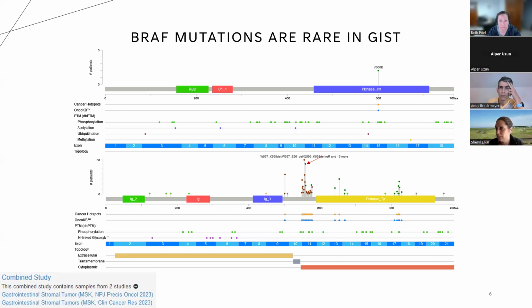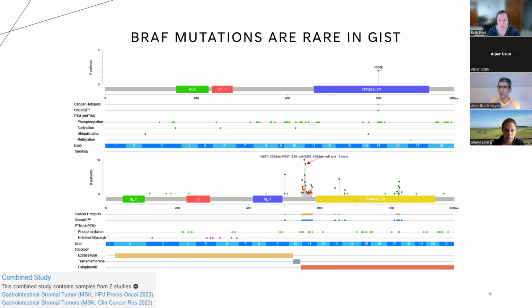So it's really just a class 1 mutation in there, whereas you have the second mutation in KIT 599. That's actually the one with the second highest prevalence in GIST and quite often happening. So it's actually a mutual exclusivity in that respect, that we don't have any mutations in BRAF if we have a mutation in KIT.